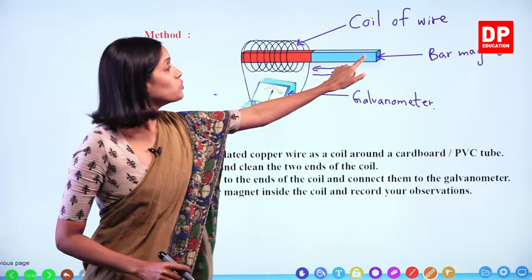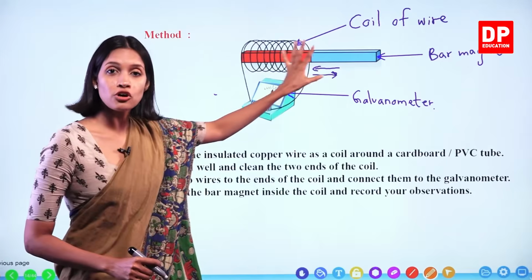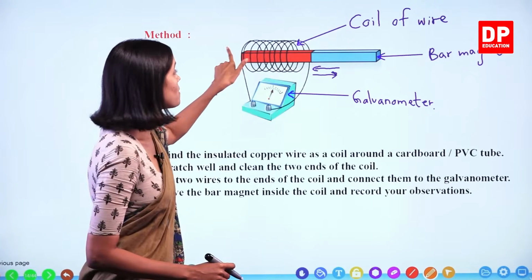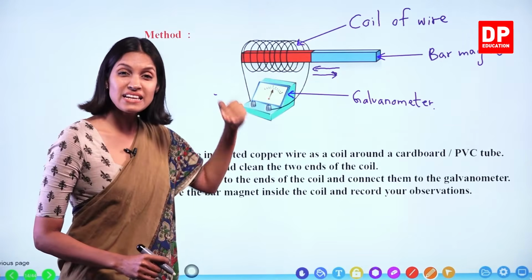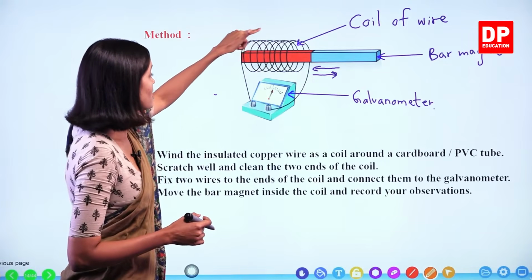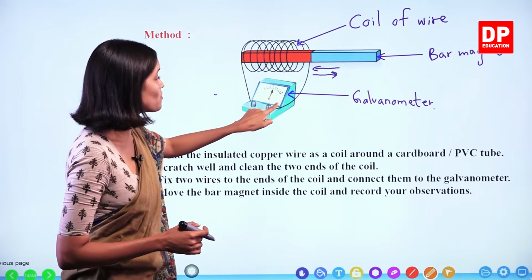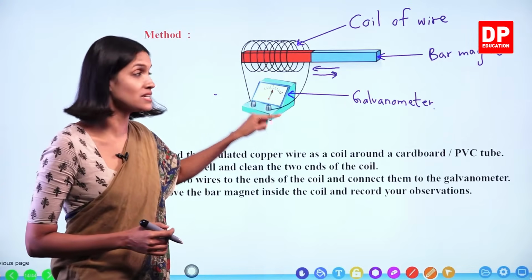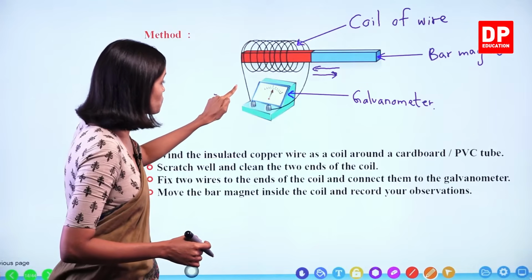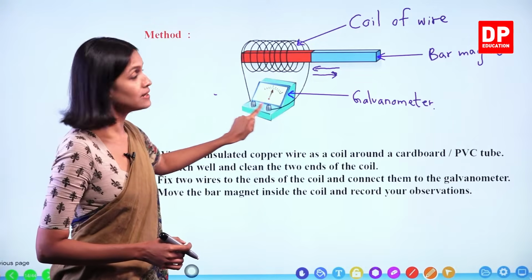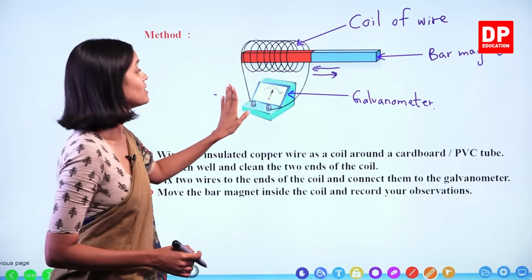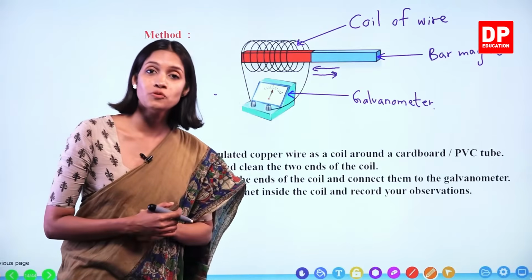Right? So when you move the bar magnet inside the coil of wire, the indicator moves, which means when you move the bar magnet inside the coil of wire, electric current is generated inside the coil of wire. That current flows through the coil of wire from two ends connected to the galvanometer. The electric current generated here flows through the galvanometer, right, from one side to the other, and that is why the indicator moves.